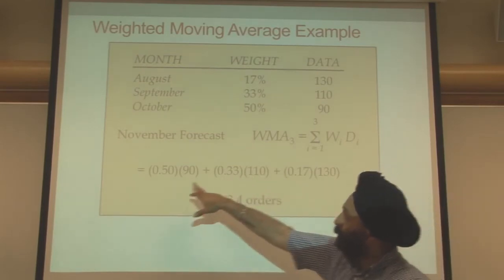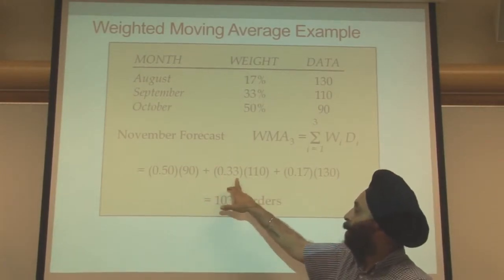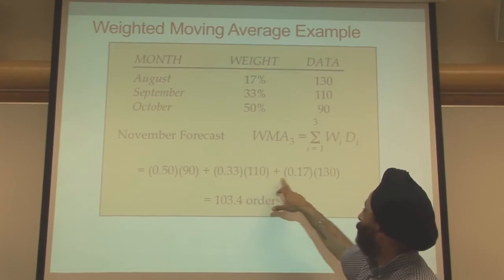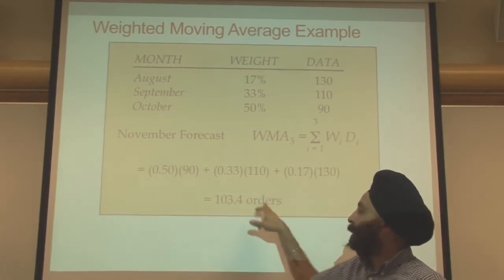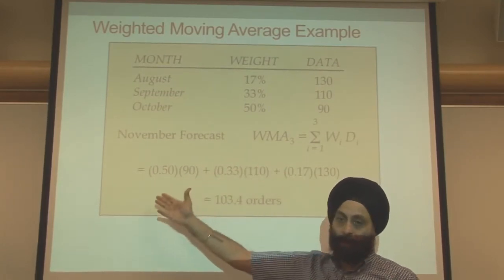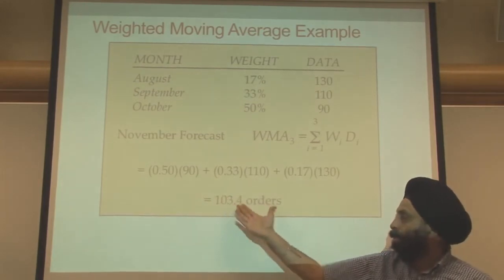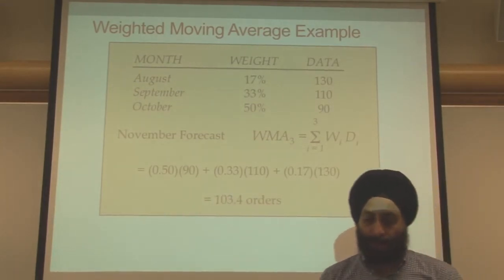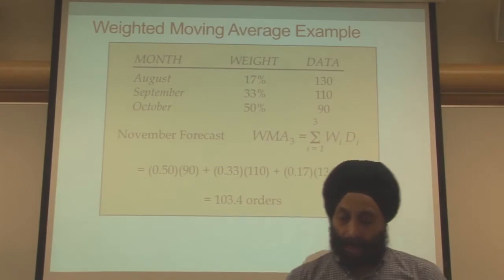In that case, you have 0.5 of 90, 0.33 of 110, and 0.17 of 130. Once you calculate the sum product, you come up with 103.4, which is different from what you calculated earlier.